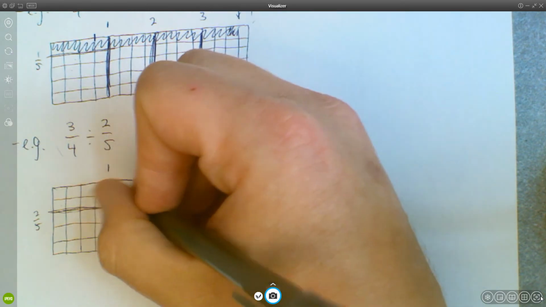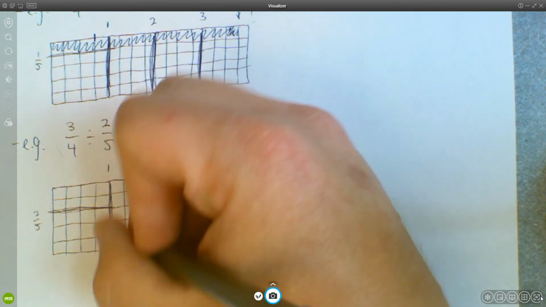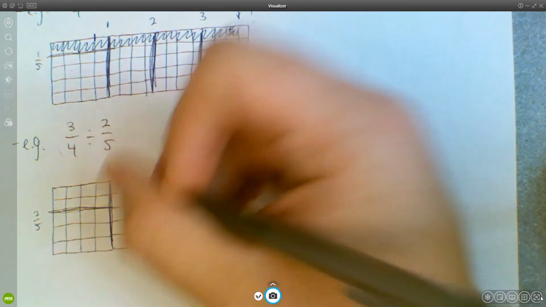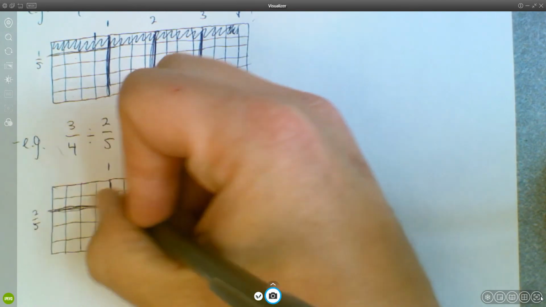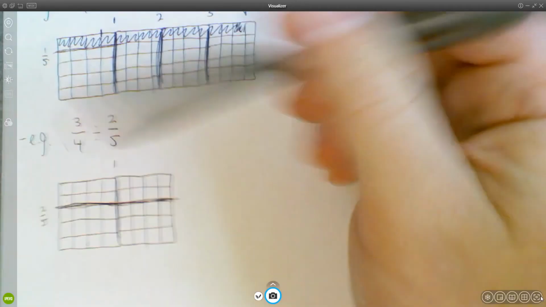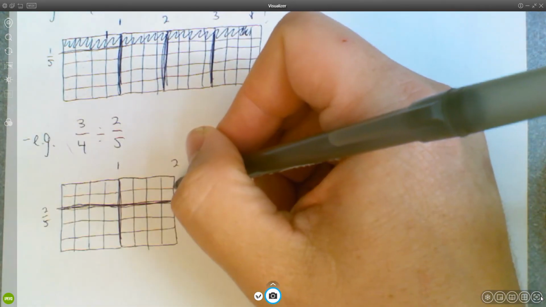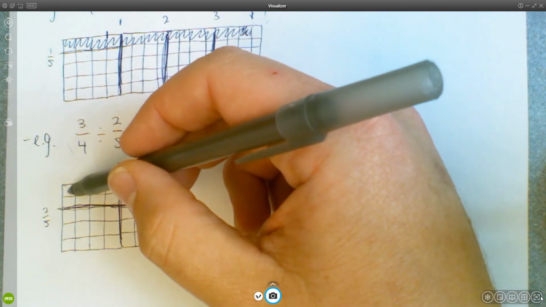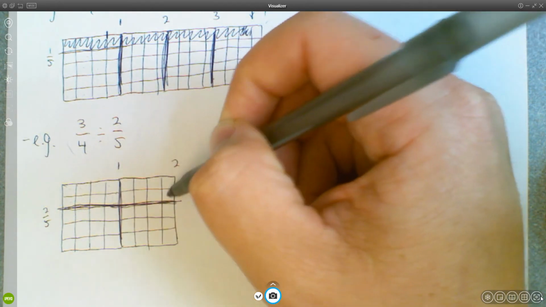and split it the same way. Okay, so now if I take the entire second unit, that's going to be too much, right? Because I'll have 1, 2, 3, 4, 5, 6, 7, 8, 9, 10, 11, 12, 13, 14, 15, 16.